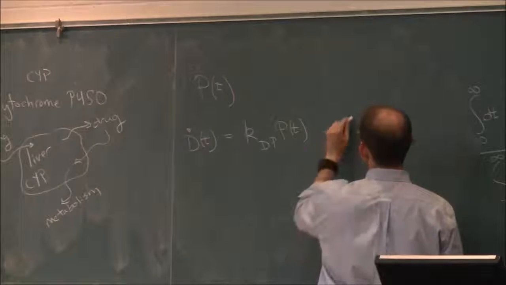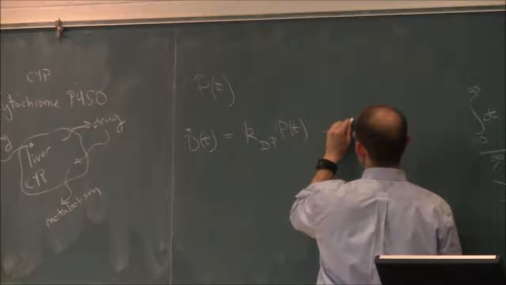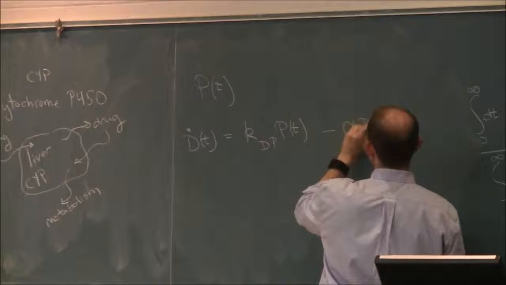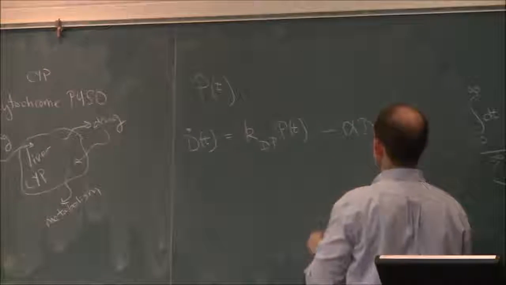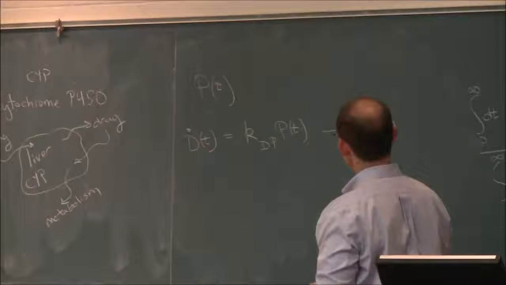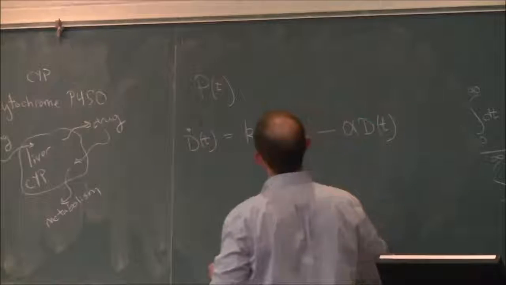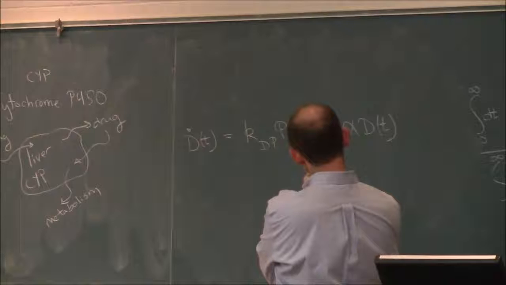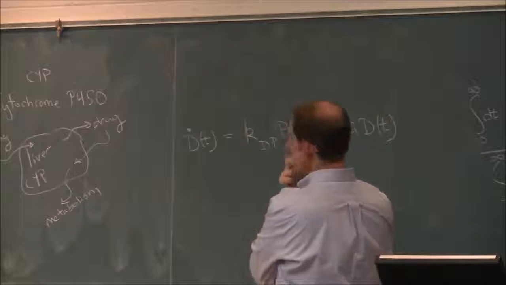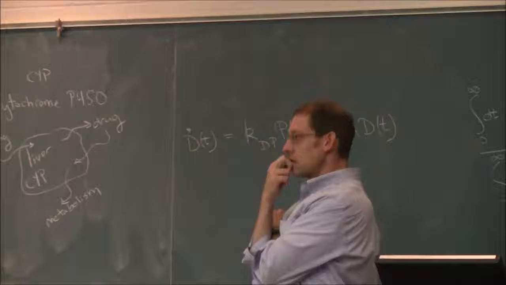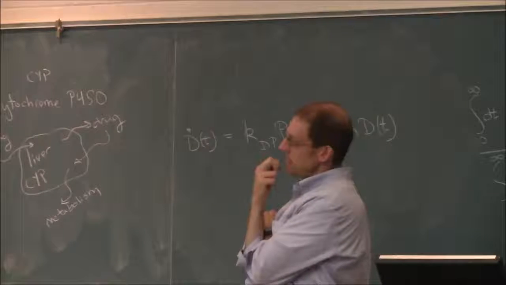minus alpha d of t. So here we would just have one step, and the reason is we weren't really thinking about metabolism of the prodrug.